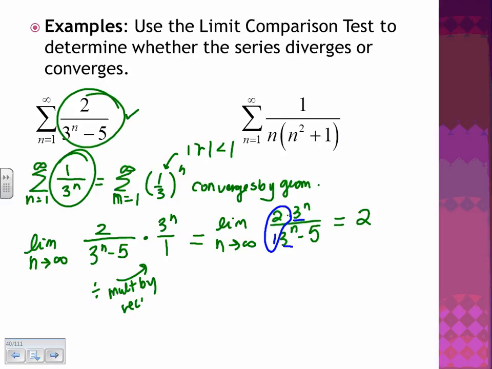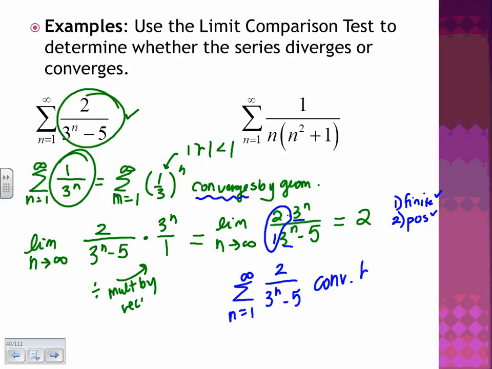And hey, 2 is finite, and 2 is positive. So this one converged. So what do you know this guy has to do? Converge as well. So this one converges by the limit comparison test.